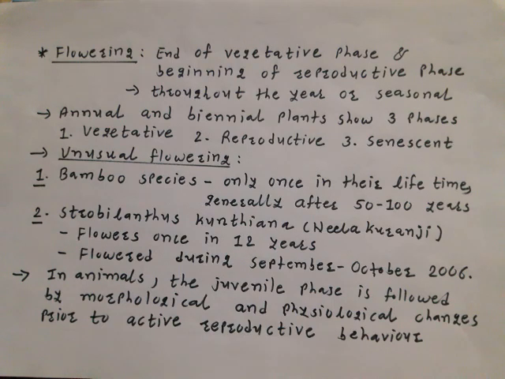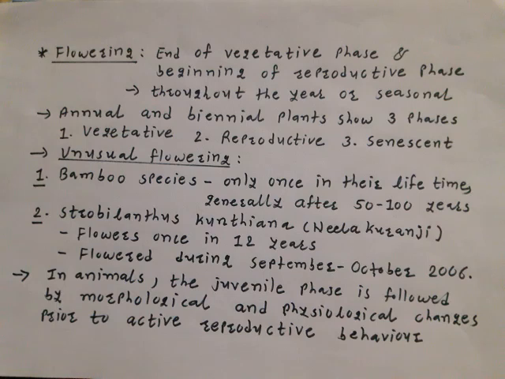Over and above this, some unusual flowerings are also observed in nature. Why is it called unusual flowering? It is not that they flower throughout the year or in some specific season, but it takes a long duration, and after certain years they come into flowering.